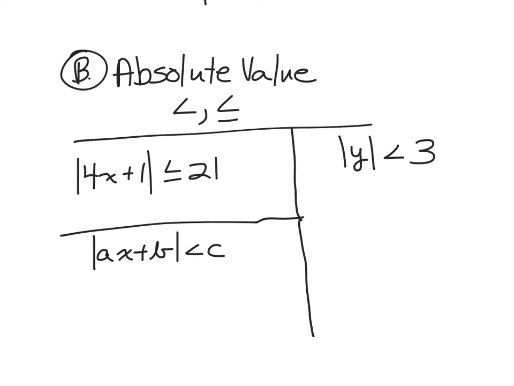This time I'm going to look at a number line and think about all the things I could take the absolute value of and get something less than 3. So, hang on a minute. 1, 2, 3, 4, 5. Negative 1, negative 2, negative 3, negative 4, negative 5. I'm out of space, but you get the idea.